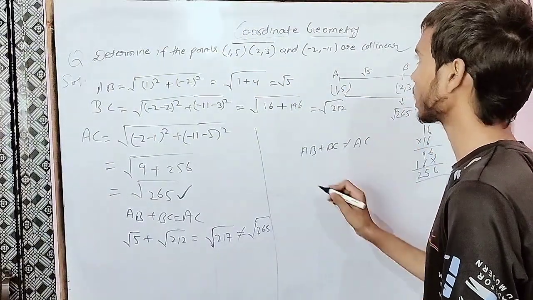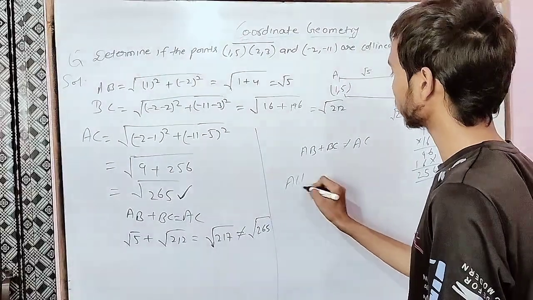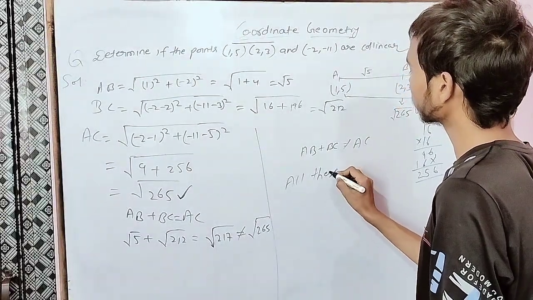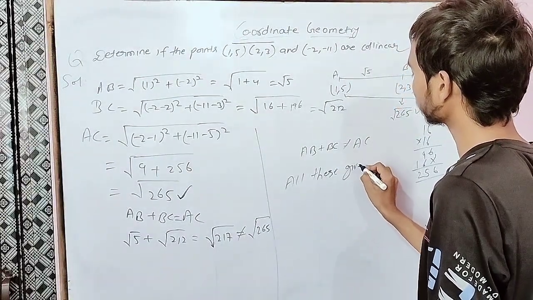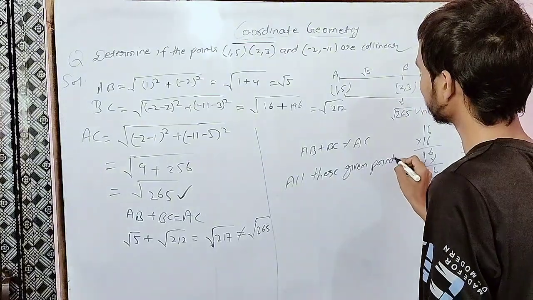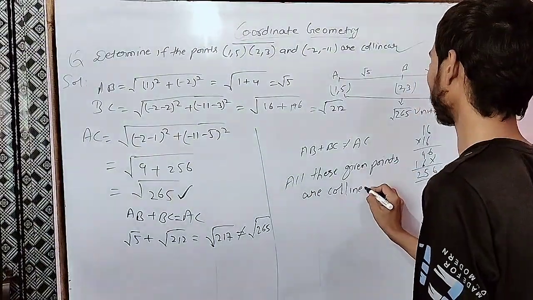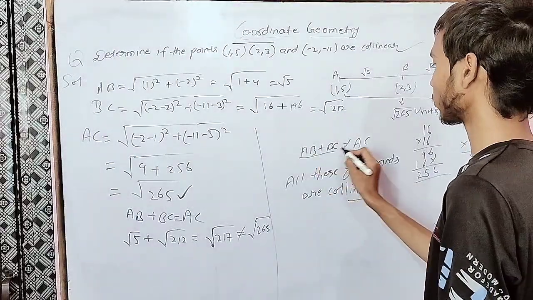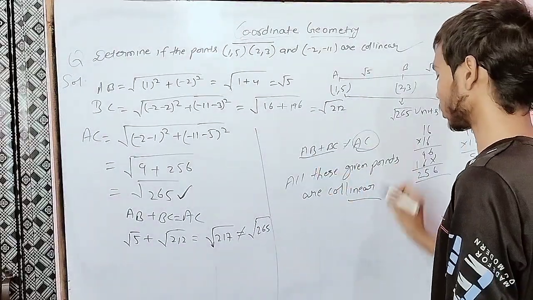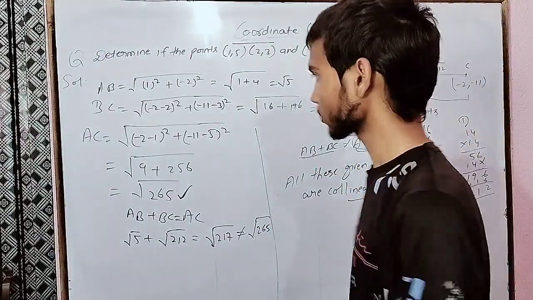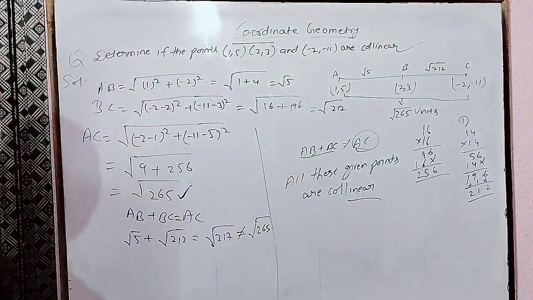So we can say all these given points are not collinear because the sum of this is not equal to this. Finally, this is the answer.